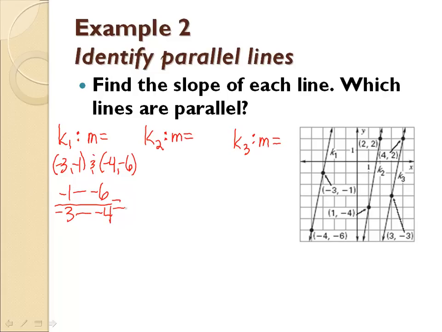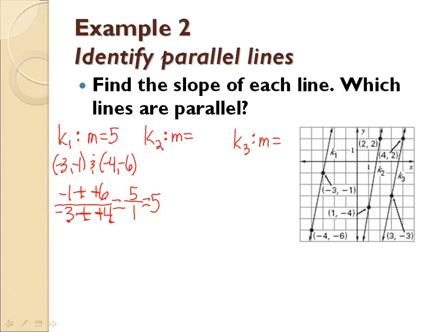Simplifying straight across, when I have minus a negative, that becomes plus a positive. So -1 plus 6 is 5. -3 minus a -4, well, minus a negative becomes plus a positive. So -3 plus 4 is 1. 5 divided by 1 is 5. So my slope of K1 is 5.